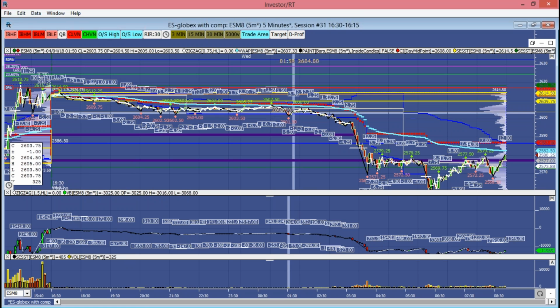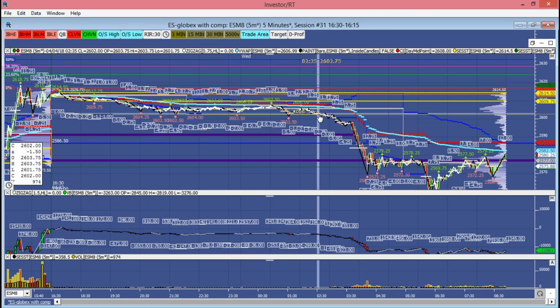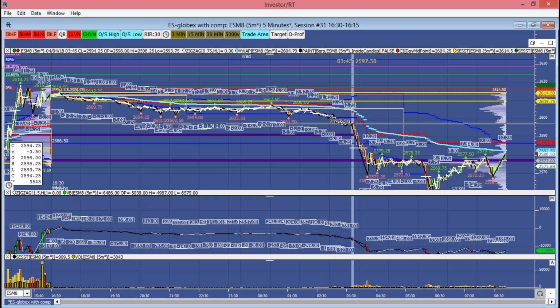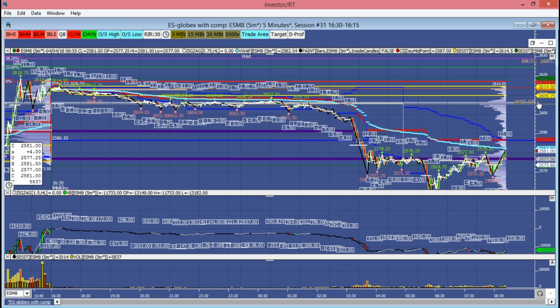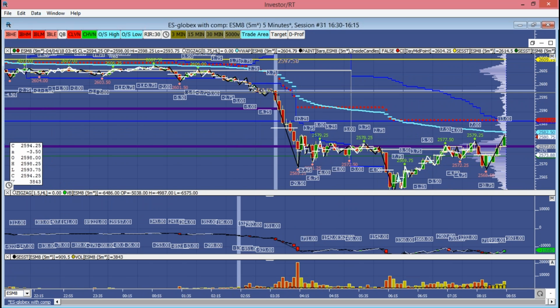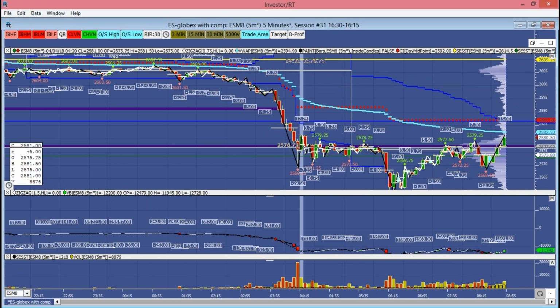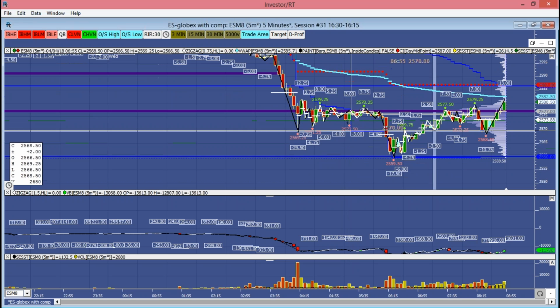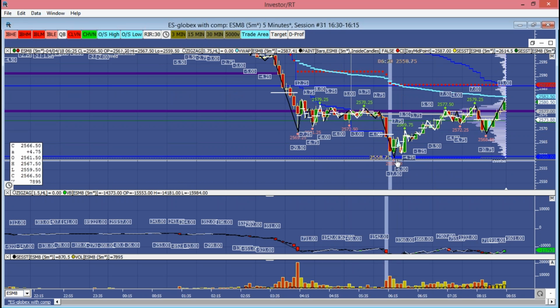Finally, it looks like we're going to hold there, and then Europe opened up, and Europe does not like all of the trade war news, and we had this huge sell-off down to 77, chopped around, got the continuation, got down to 59.50.